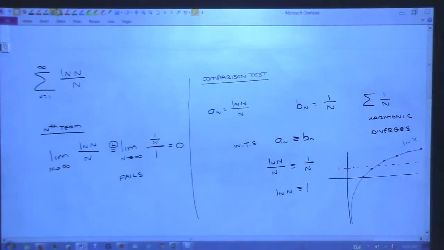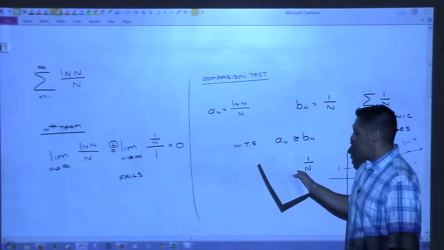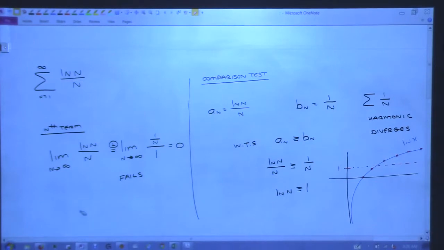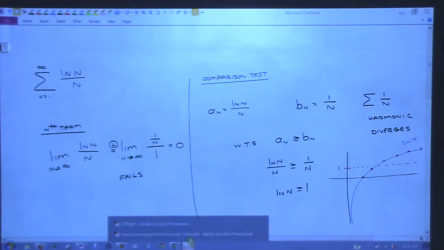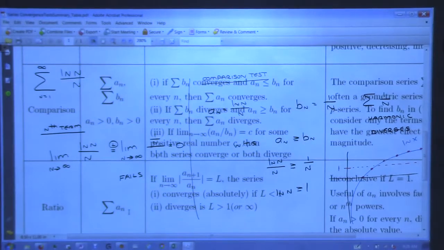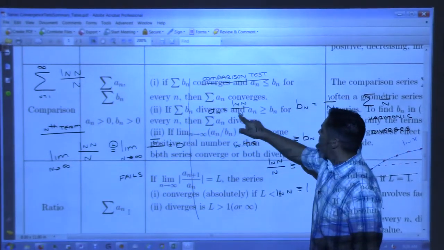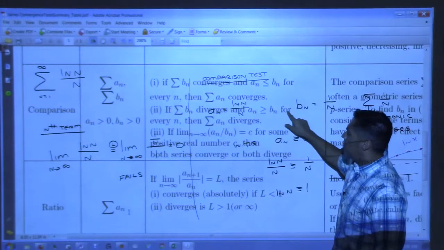No, right? And this is the one problem I have with your formula sheet. I don't like the wording in this because it's not technically correct. Do you see there, where the comparison test says, if b sub n diverges and a sub n is bigger than b sub n for every n?